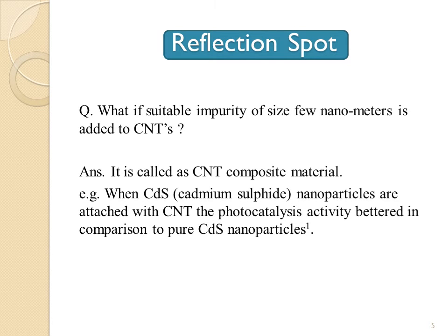Let's take cadmium sulfide, CdS nanoparticles, and when they are attached to the carbon nanotubes, it is found that the photocatalytic activity is better in comparison with pure CdS nanoparticles. I have provided the reference for the same. Hence, we can say that by the addition of some suitable impurity, properties can be enhanced.